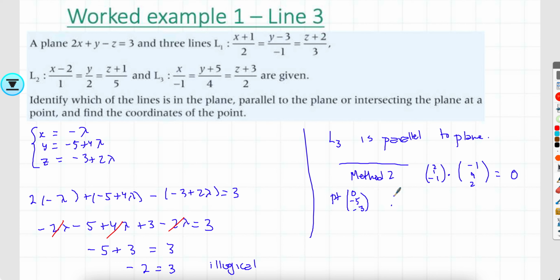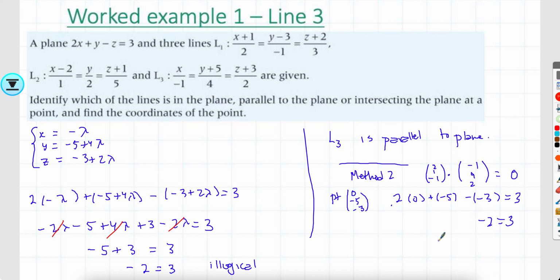And when you substitute it into your equation, you end up with the same thing, it should be equal to 3, so an illogical statement here. So then you can say line 3 is parallel to the plane and not on the plane.